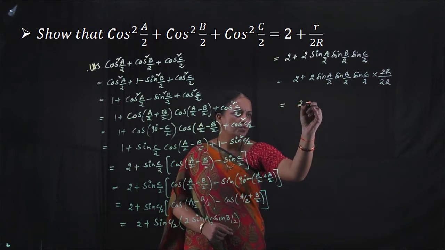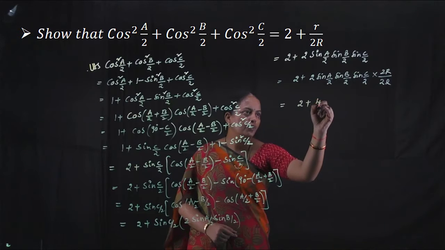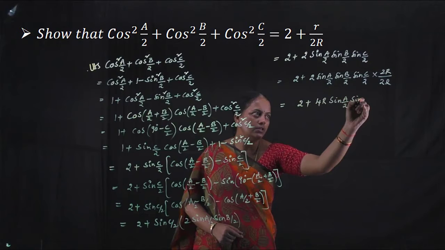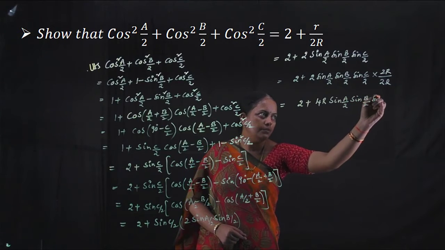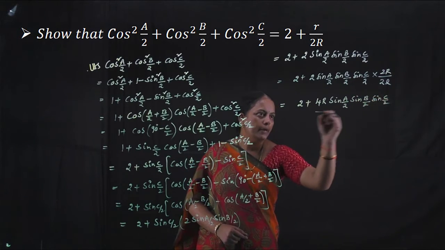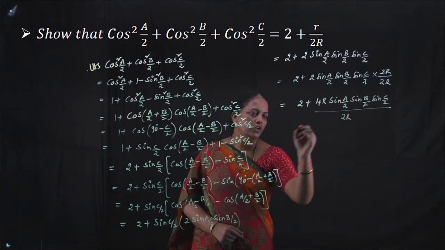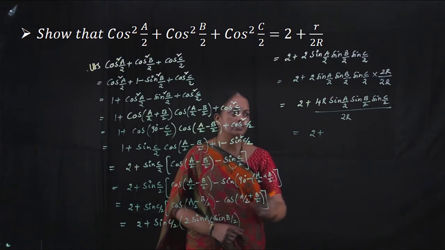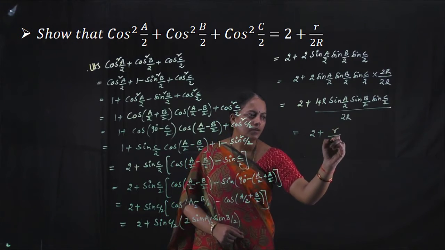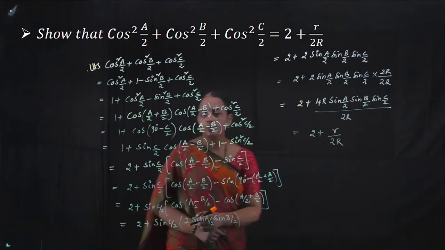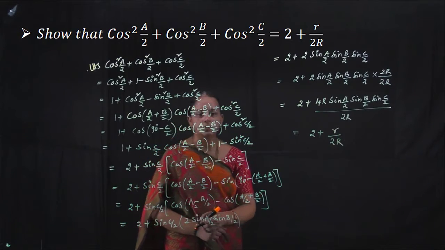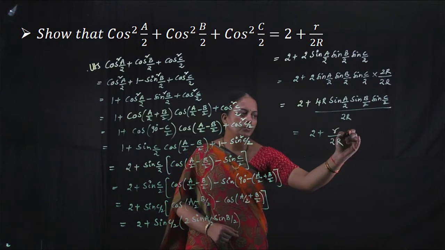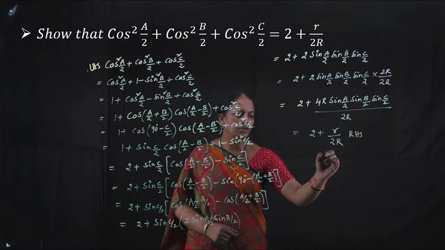This is equal to 2 plus 2 into 2R, 4R sin A by 2 sin B by 2 sin C by 2, over 2R, which is 4R sin A by 2 sin B by 2 sin C by 2, meaning small r by 2R. Therefore cos square A by 2 plus cos square B by 2 plus cos square C by 2 is equal to 2 plus small r by 2 into capital R. Hence proved.